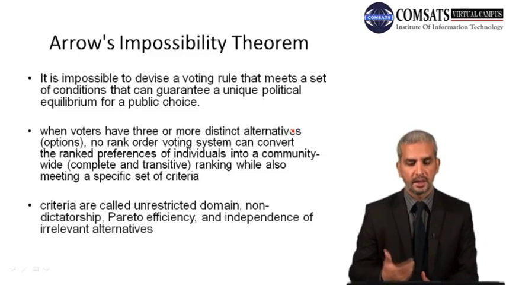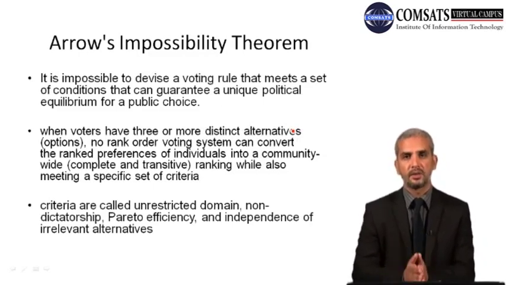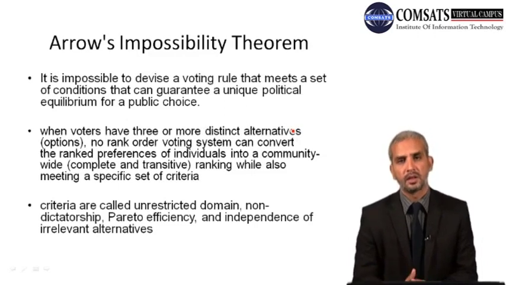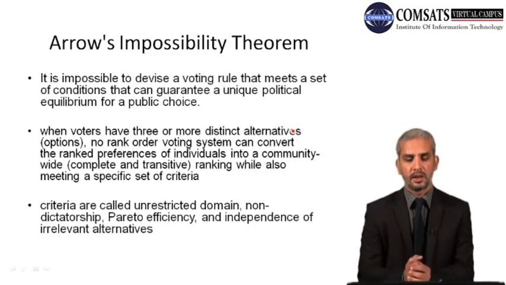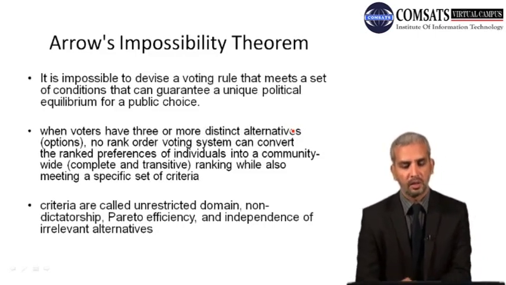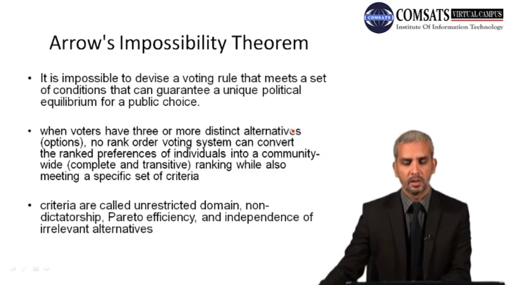Now, what is that set of conditions that are to be guaranteed? They include Pareto efficiency, non-dictatorship, and independence of alternatives. Under these conditions no political outcome can be reached using a voting rule.